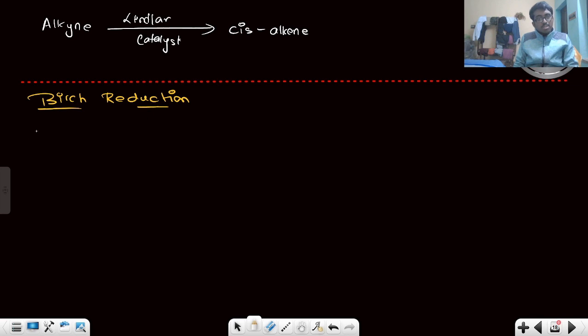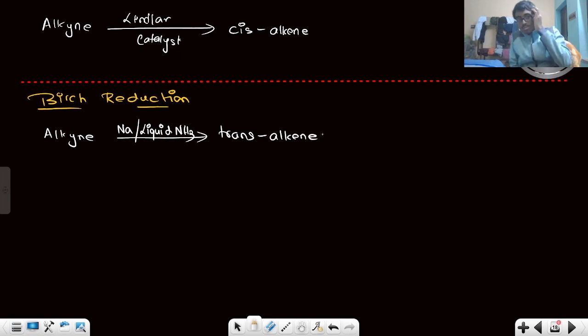Birch reduction is where alkyne reacts in presence of sodium in liquid ammonia. Then you will get an alkene, which will be known as trans alkene. Is it clear?